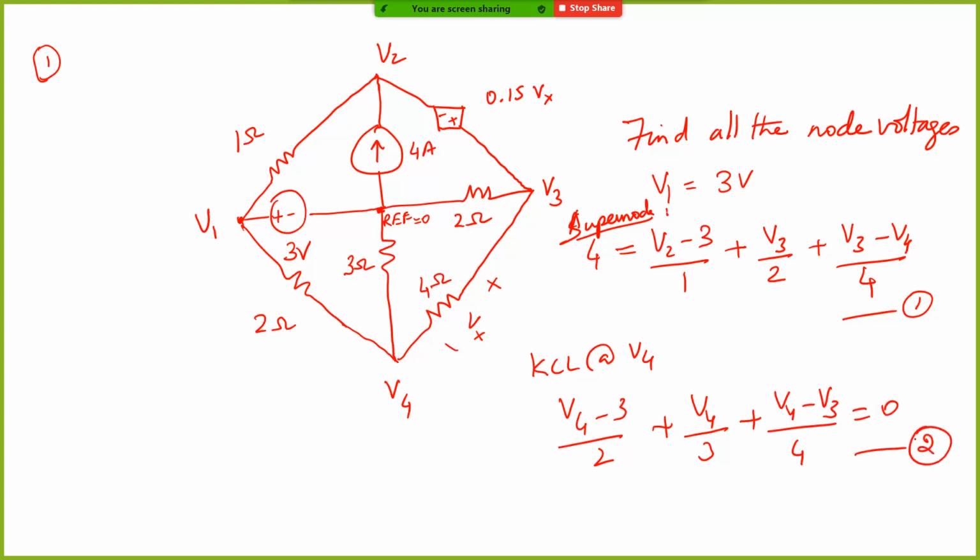This is equation number 2. And what will be the third equation? You can relate V2 and V3. V3 minus V2 is 0.5 of V3 minus V4. So this will be equation number 3. You can solve it.